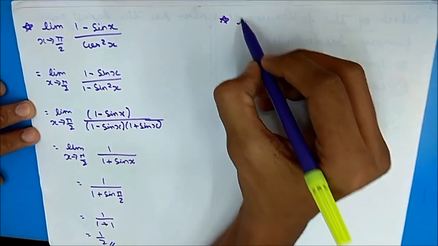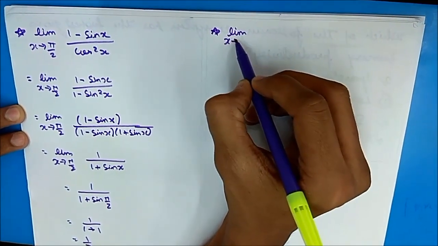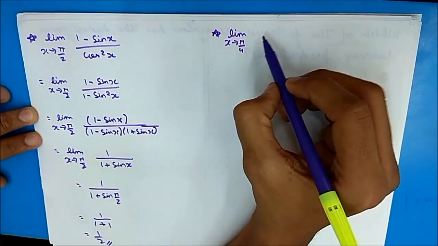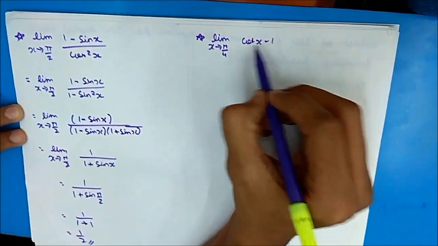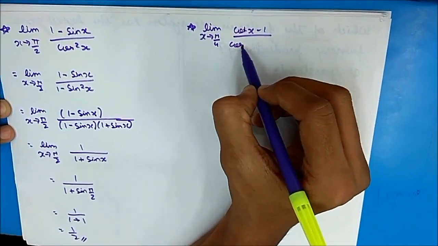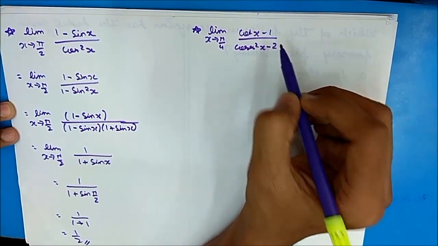We take example, limit x tends to pi by 4, cot x minus 1 upon cosec square x minus 2.